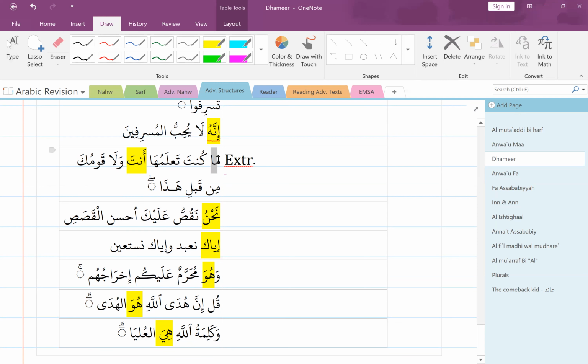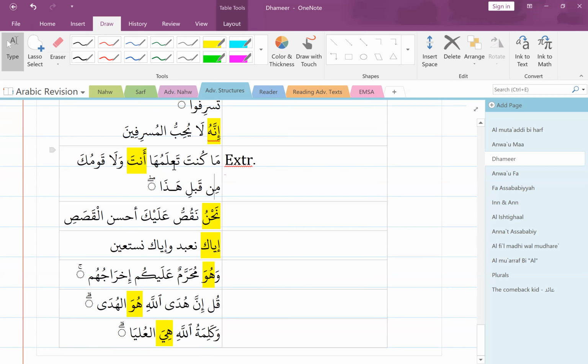Yes, this ma and this la. This is manafia. ما كنت تعلمها أنت ولا قومك. So in other words, you and your people do not know. So ما كنت تعلمها أنت.